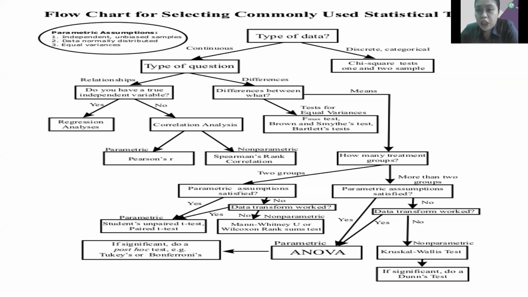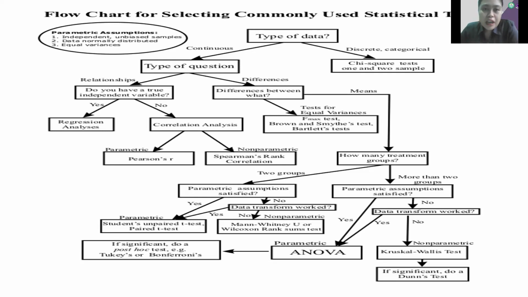If it is continuous or we have real numbers, ano yan, data that can be counted, you will follow the left side of the flow chart. However, if you only have discrete or categorical data, mga nominal data, automatically you will be using the chi-square.